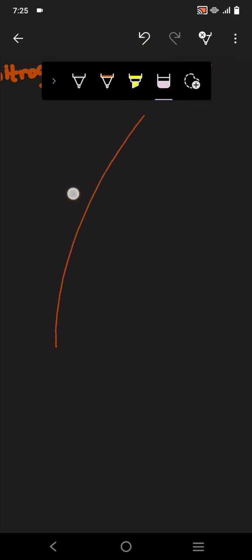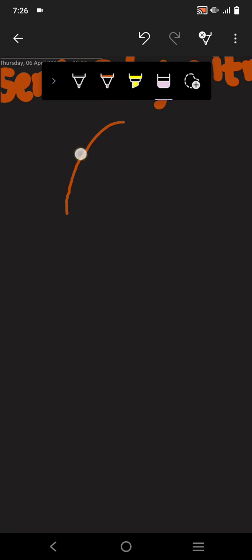Nitrogen cycle means that we are taking the nitrogen from the air and giving back to its original place, a series by which nitrogen circulates between the air and the living organism, round like a circle. I'll explain why it is like a circle.